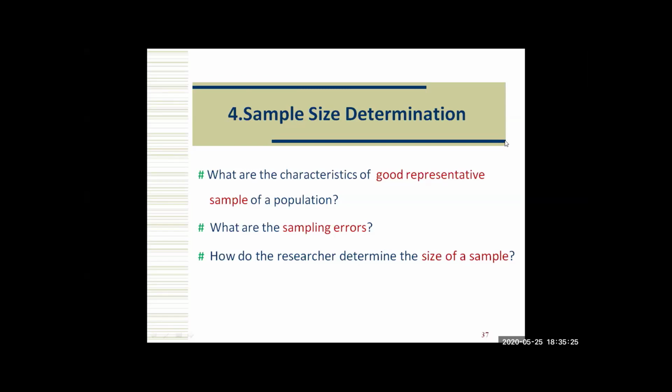Because in infinite sampling, we don't know the total population. We just simply take those we can find, those we can access. Really, can our study represent the total population? I mean, the estimated total population.